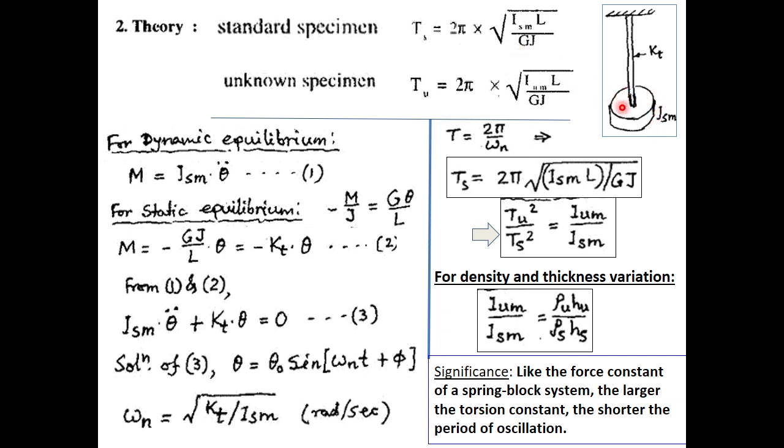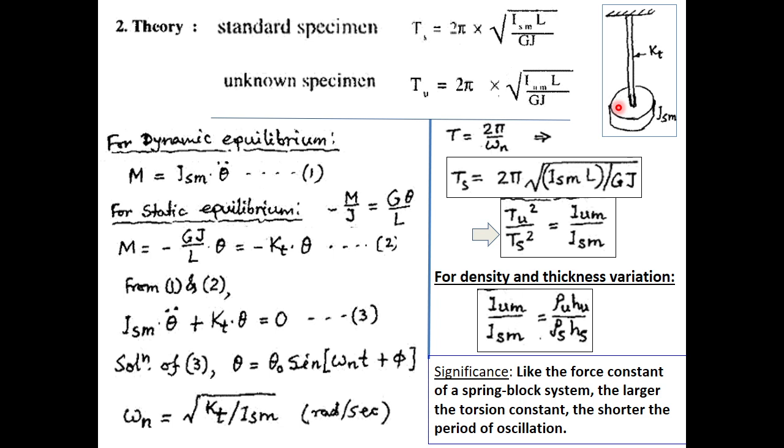Now, this oscillatory motion of a torsional pendulum is actually equivalent to the translational movement of a spring mass system, or a spring block system. They are identical. So this is an angular motion, and for the spring block system we have a translational motion. The system equations are identical.